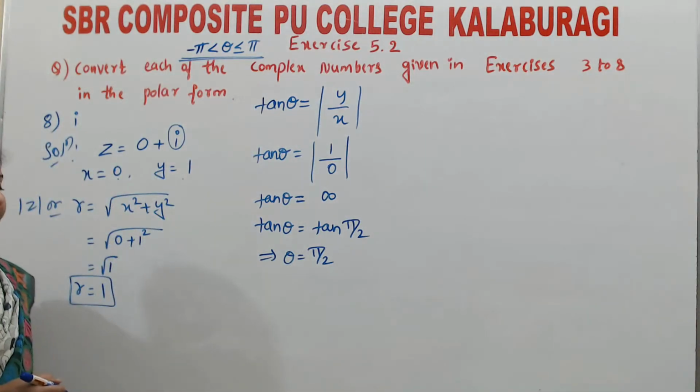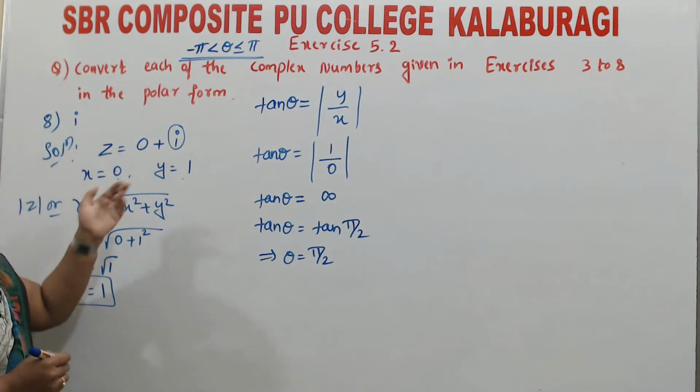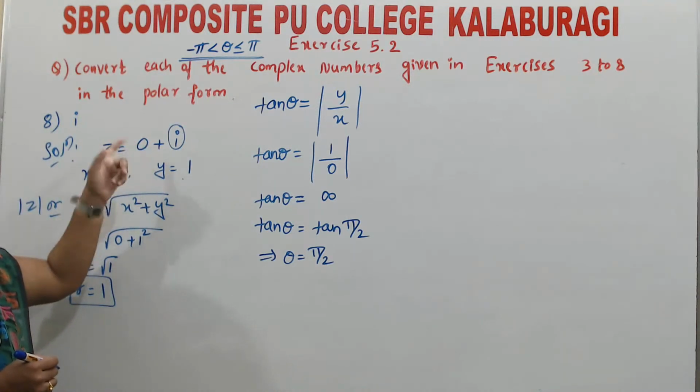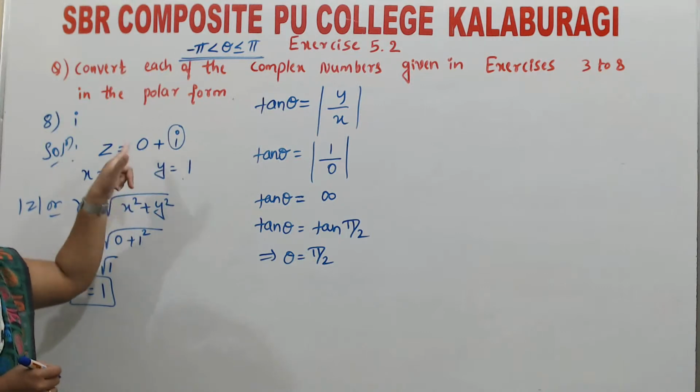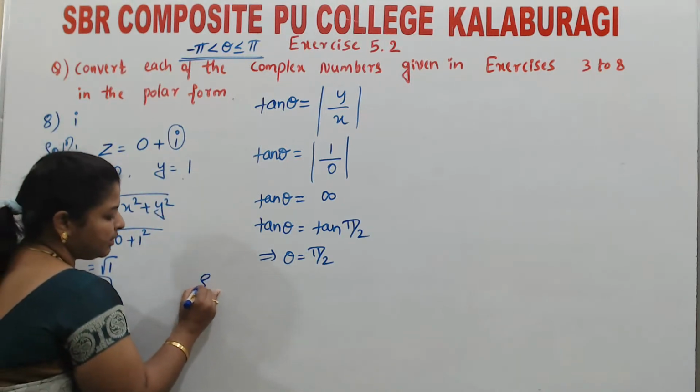After finding theta, we have to check in which quadrant the given complex number exists. Both are positive, which means first quadrant, right?